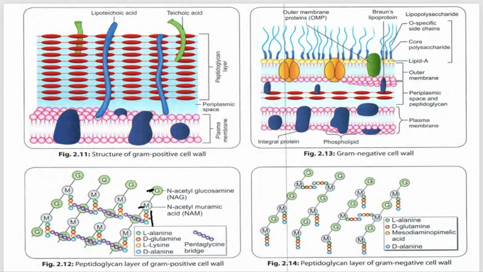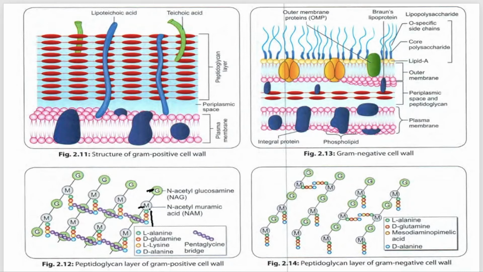These four rounded circles are in a specific sequence. They are a set of amino acids in a particular order. The topmost, which is attached to the NAM, is L-alanine. The second is D-glutamine, the third is L-lysine, and the last one is D-alanine. Because it consists of four amino acids, we call it tetrapeptide.